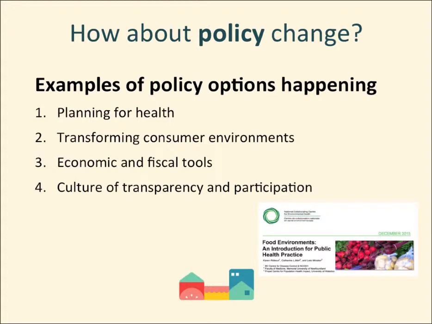And I introduced all of those potential options because they may be differently important to different communities. Another example is around the culture of transparency and participation. This is where a lot is happening. And the example that we use in the report and also in a related paper that's going to be coming out in a special issue of the Canadian Journal of Public Health in the next couple of months is the idea of food policy councils.